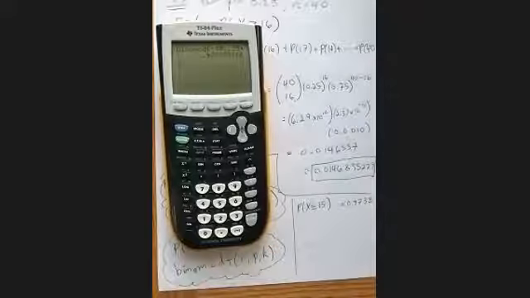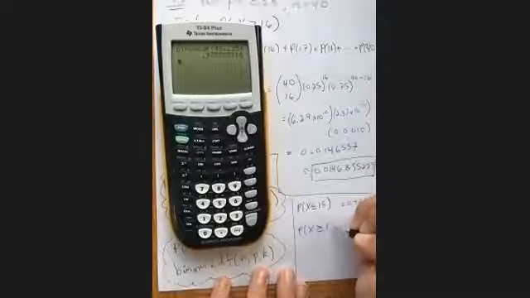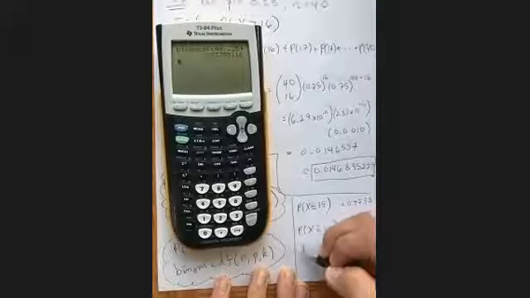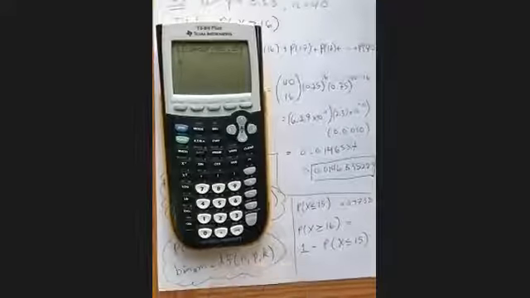Okay. Now, at first glance, that doesn't seem very useful, except we remember that we have the complement rule. So if I want to find this probability, then I can use the complement rule and say that that probability is equal to this probability.